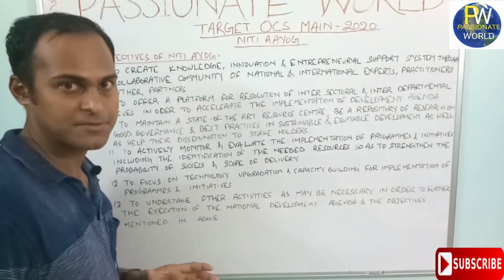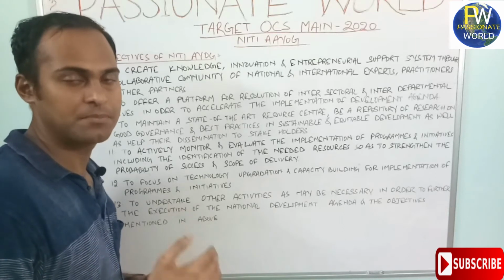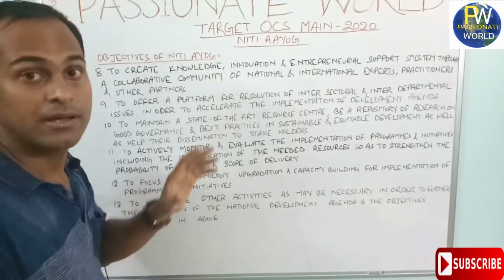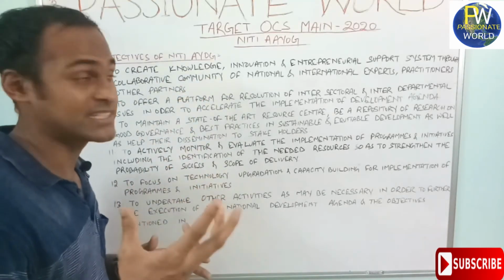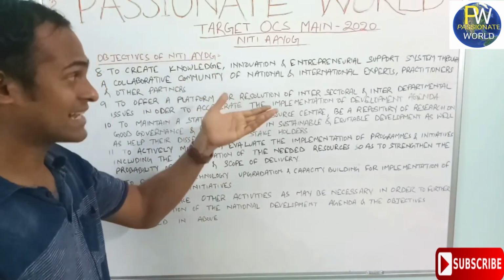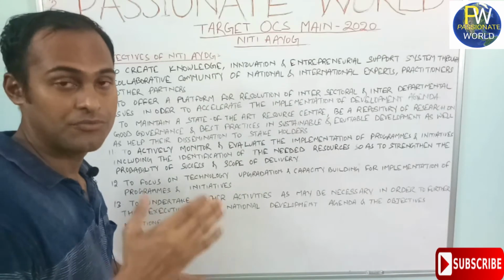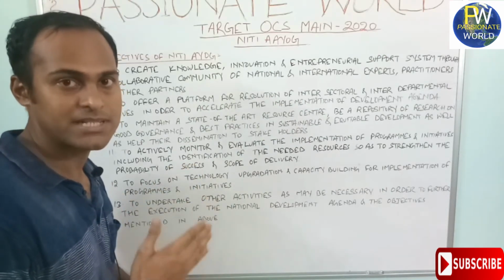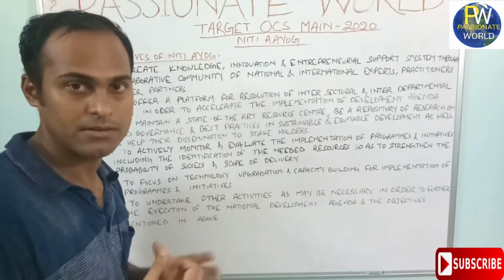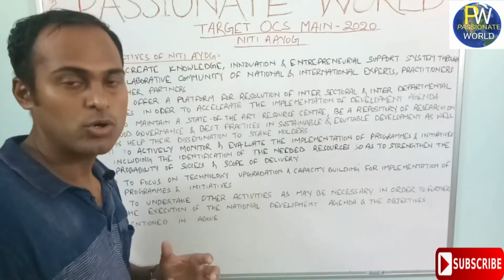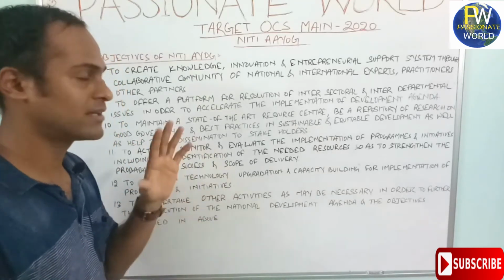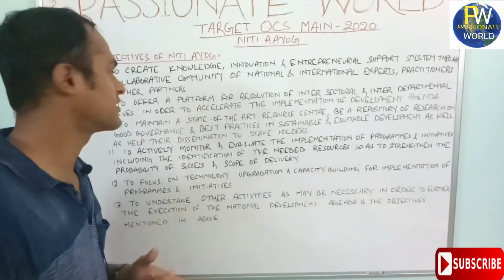A very important aspect through which NITI Aayog is bringing grassroots socio-economic change, creating a different kind of knowledge, innovation and entrepreneurial support through a community of national and international experts. The experts at the national as well as international level are being taken into account, and as per their suggestions and advice, things are being taken into consideration.